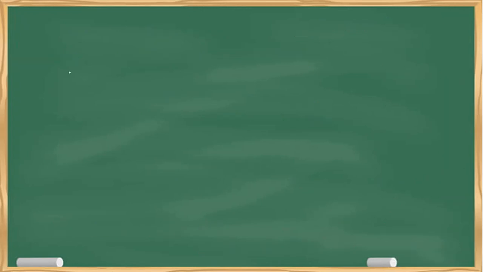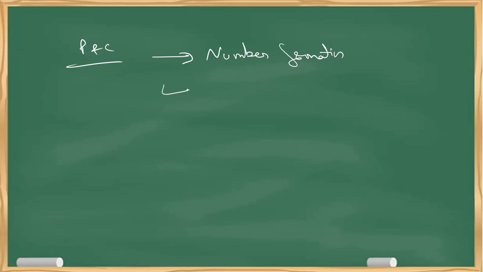So usually what comes in permutation combination is they might ask questions on number formation. That is what we have discussed. Then they'll ask team formation. Then they'll ask word formation problems.